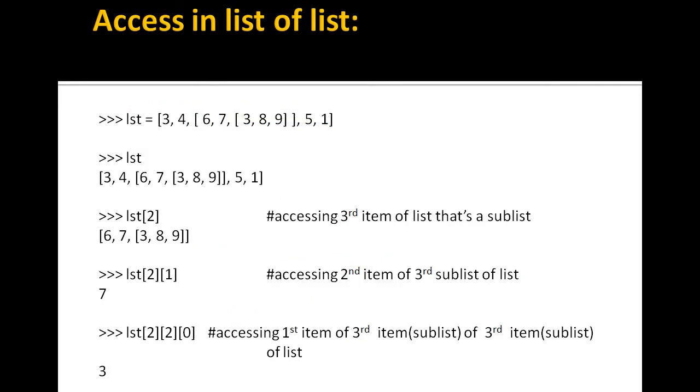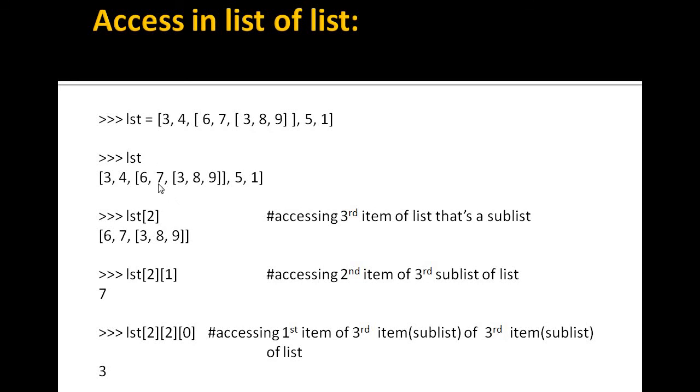Here in this example it may be clearer. So here is a list. To print the whole list you just write the list name. To print the third item of this list, that is a sublist, you just write the list name and 2, its index position. And to print this sublist 389 you write lst2 with 2.